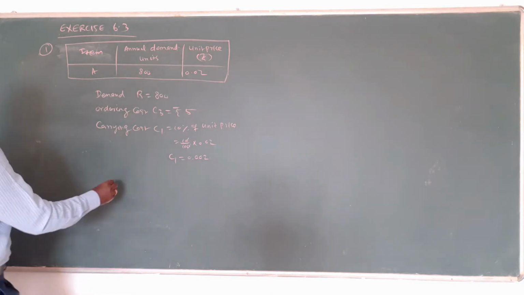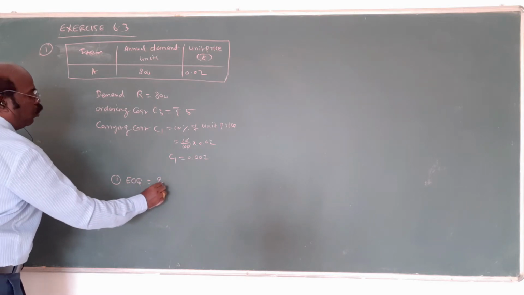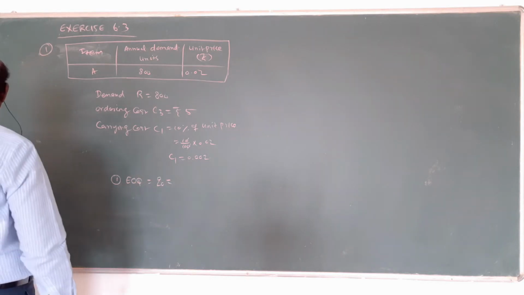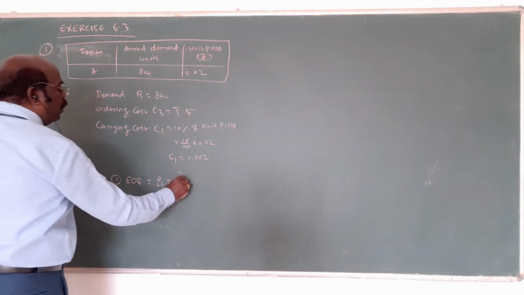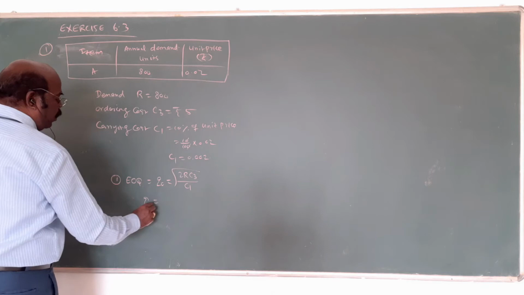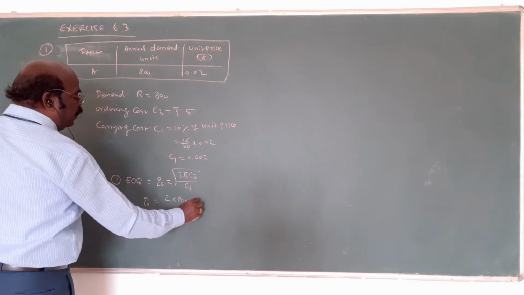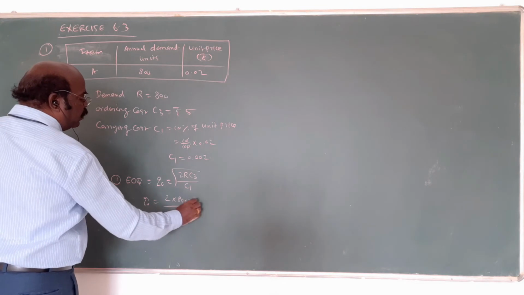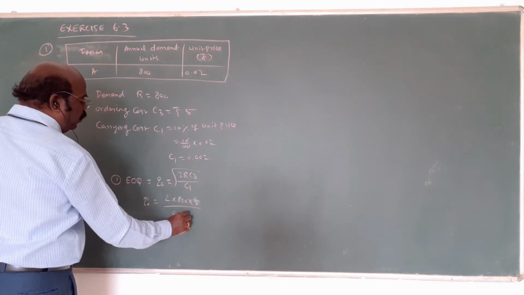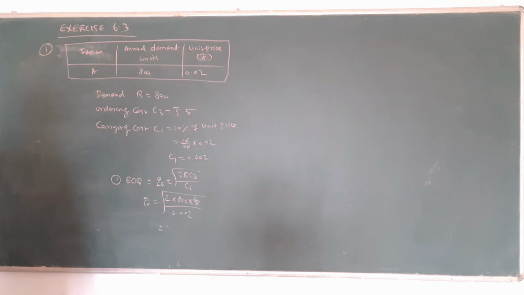What is asked? The first one is EOQ. EOQ is Q0. What's the formula? Root of 2 R C3 by C1. Next, 2 into 800 into C3, 5, divided by 0.002. Now multiply and divide, we get the answer.